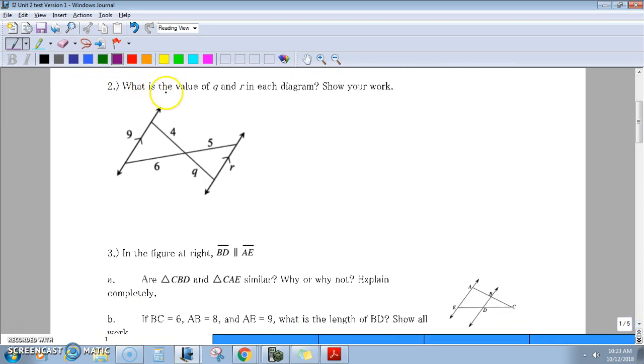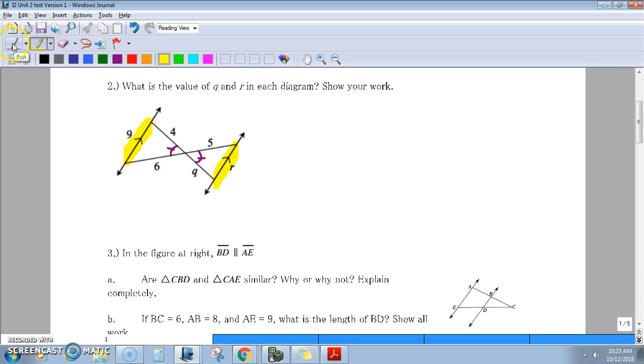Okay, here, what is the value of Q and R in each diagram? Cool. Let's take a look. In this diagram here, I know that these angles are congruent because they are vertical angles. And then it's also telling me that this side is parallel to here, so Q and R are parallel to each other.